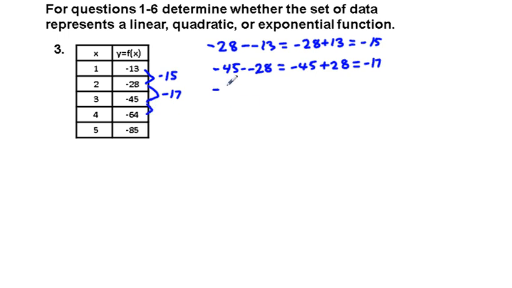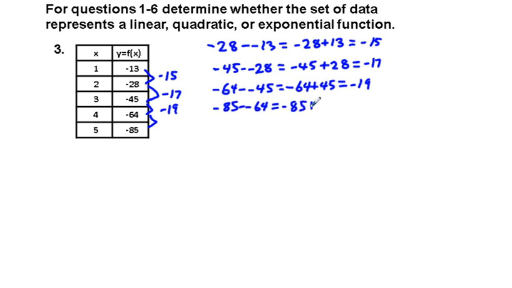Next, we're going to have negative 64 minus negative 45, which equals negative 64 plus 45, which equals negative 19. I think we can probably see where this is going. Next, we have negative 85 minus negative 64, which equals negative 85 plus 64, which equals negative 21.